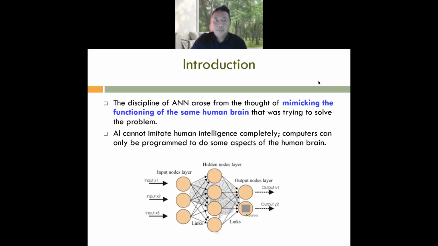Computers can only be programmed to do some aspects of the human brain. For example, vision technology. We capture images and then we try to do image recognition, image classification, image identification.